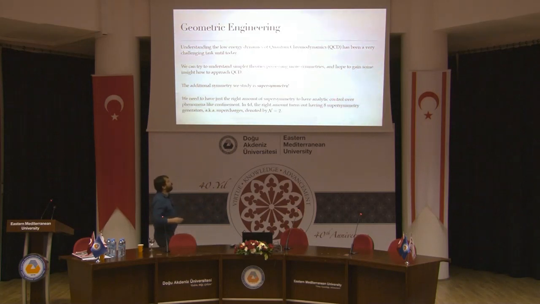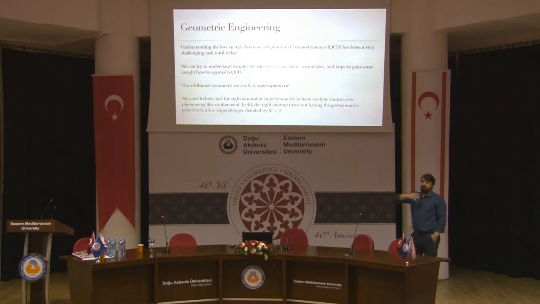But if you put 8, half of the maximal supercharges that you can put into your theory, then you get what's called an N=2 theory. And the N=2 theory is the right amount of supersymmetry, which allows you to choose your gauge group, amount of quarks and such, as well as giving you analytical control.